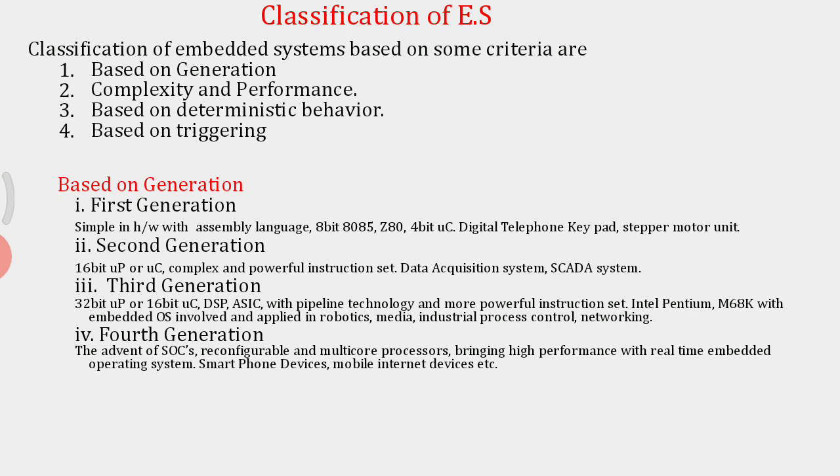For example, Intel Pentium processors were used in third generation embedded systems. The Motorola M68K with an embedded operating system was applied in robotics, media, industrial process control, networking, and etc. applications.